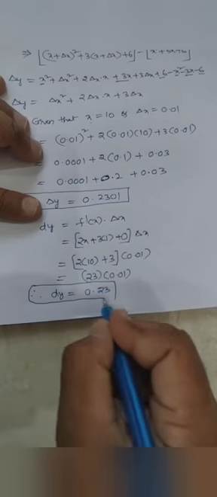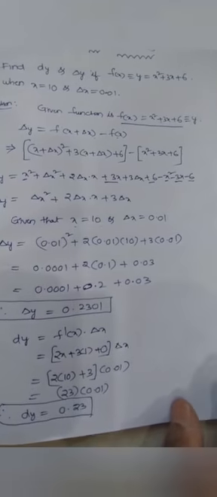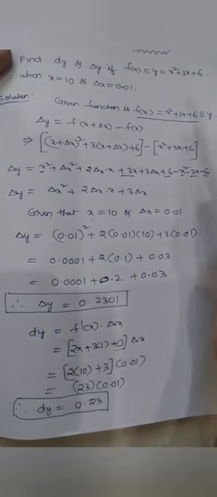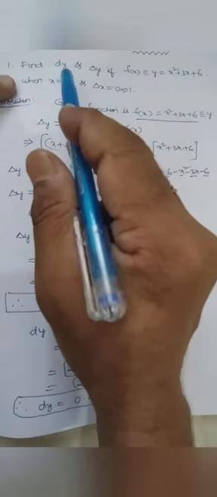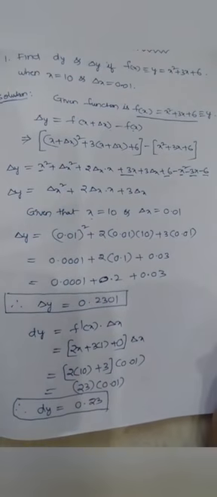So here we had got delta y and dy. Sometimes in this problem he may ask df and delta f also. So in place of y he will ask about df and delta f.